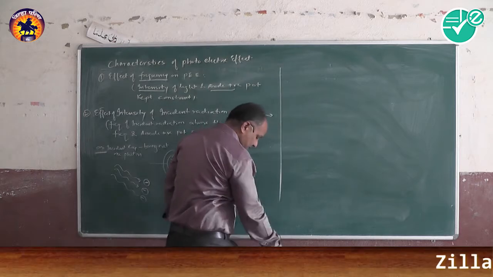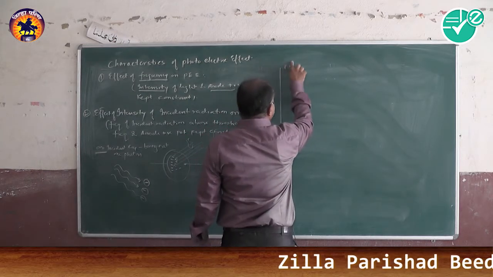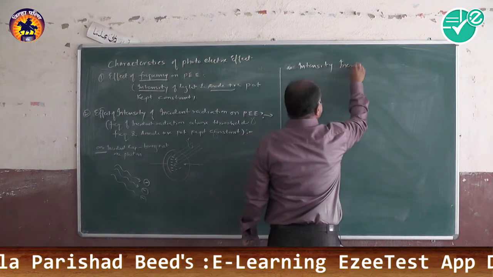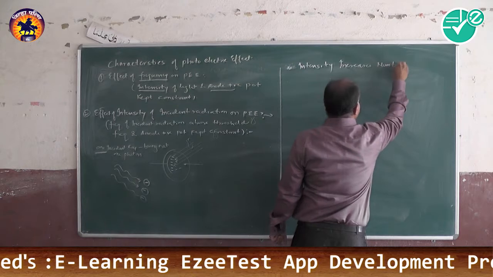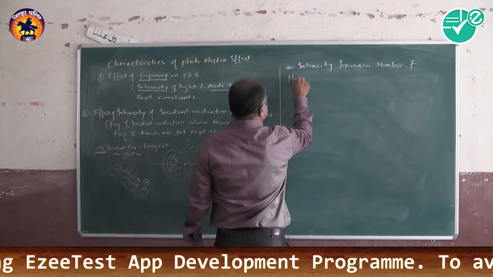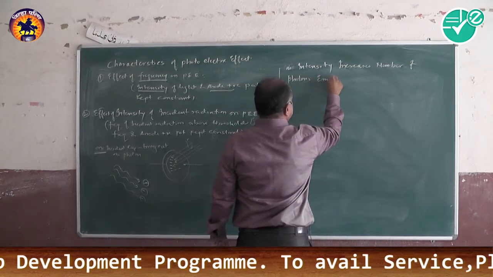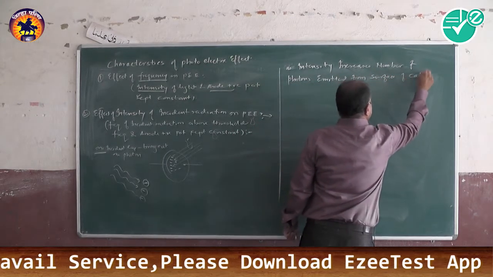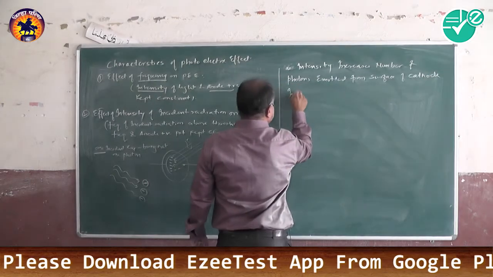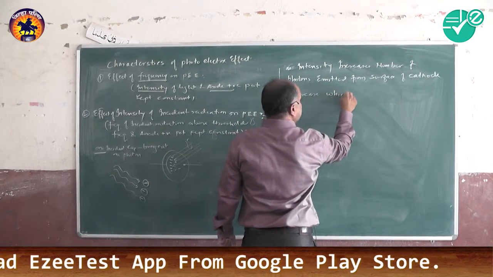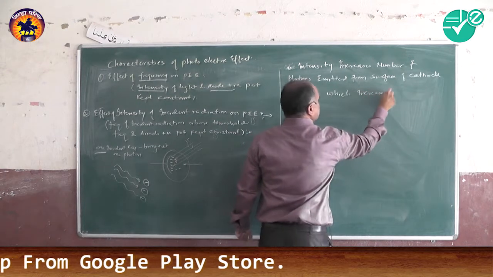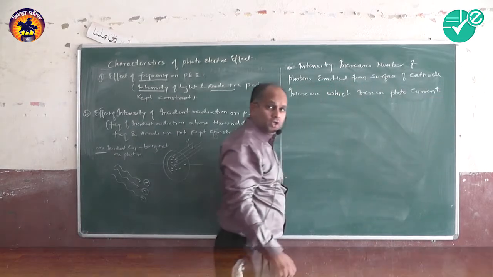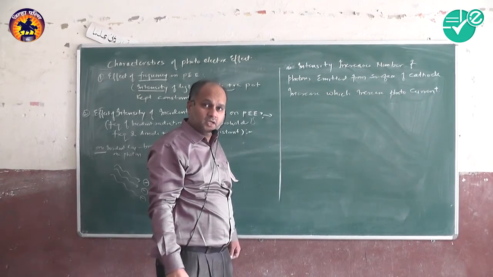What it affects here, you must listen: the number of photoelectrons emitted from the surface of the cathode increases as intensity increases. Which increases the photo current.